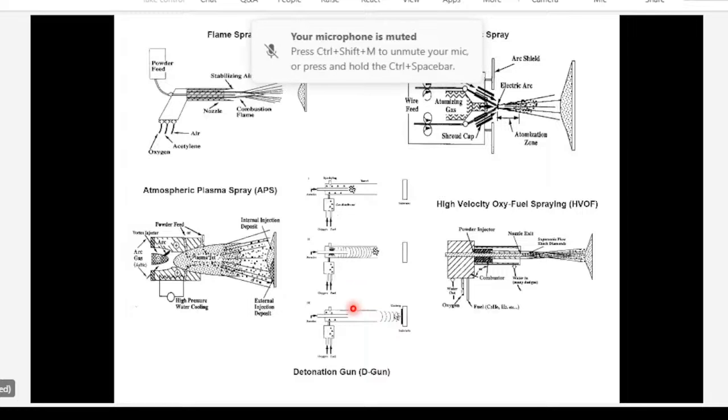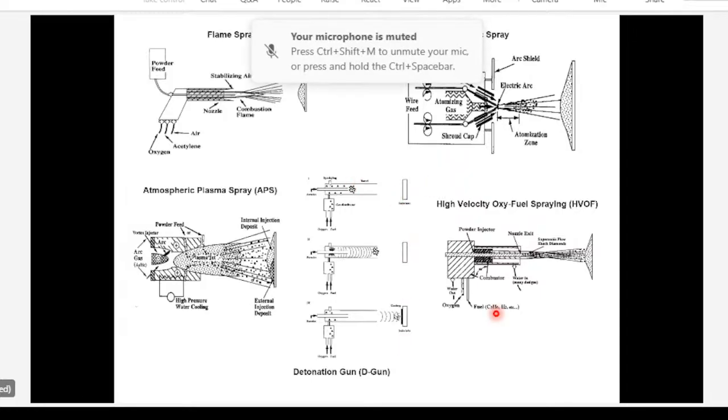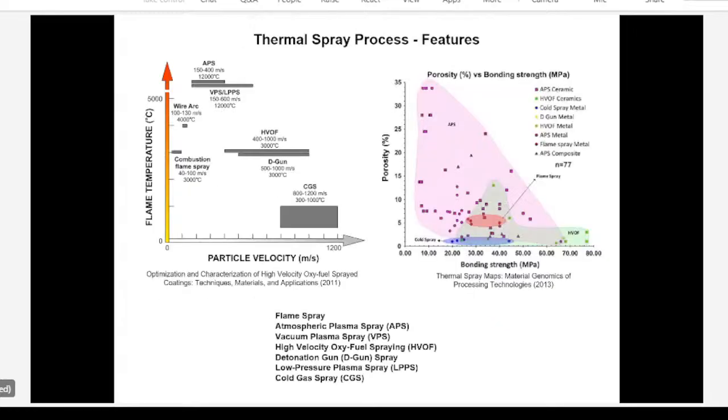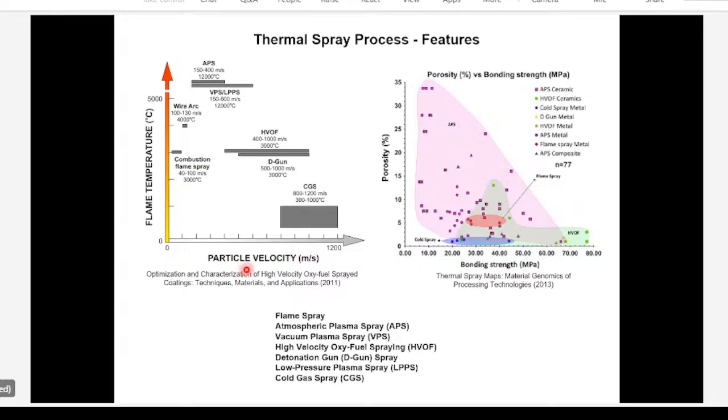So many 18 or 20 cycles per second. Because of that intermittent nature, the workpiece does not get heated up too much during the deposition process. So there are different ways to melt and form the coatings. And here you're looking at the temperature of the process and the velocity of the droplet for different processes.